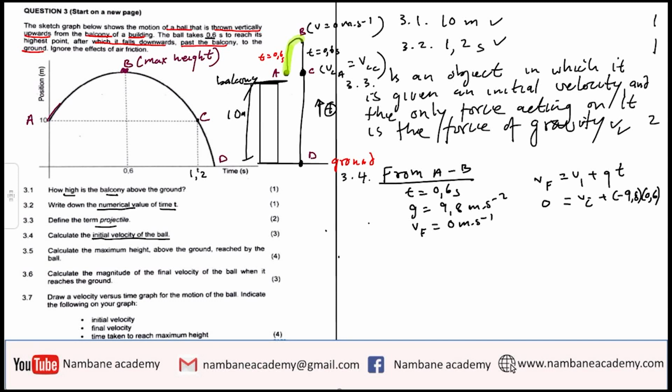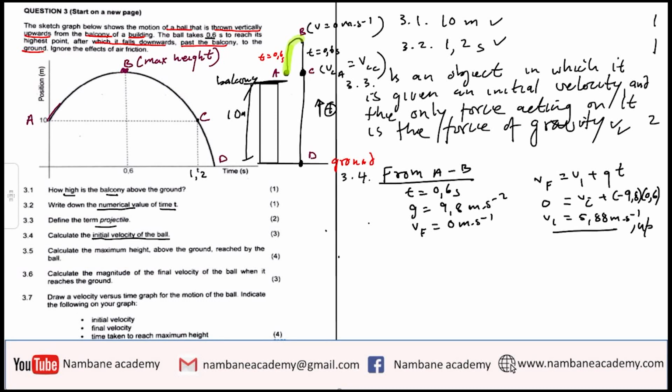When we do the mathematics, V initial is something like 5.88 meters per second. I want to believe so. 5.88 meters per second upwards, 100%.